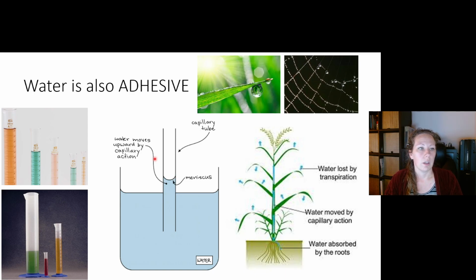Now, we've talked about menisci before, but we haven't really seen it that much in our labs, and that's because we use plastic graduated cylinders. Here are the glass ones. You can see the meniscus in each of these, right? But with plastic, you don't really see it.